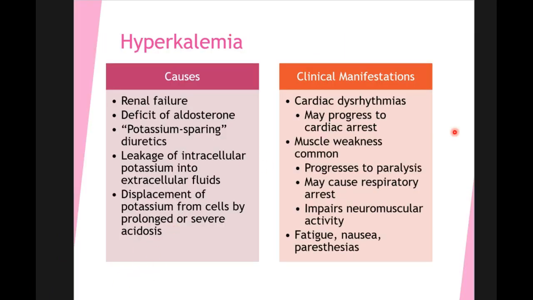Hyperkalemia is elevated serum levels of potassium. Common causes include renal failure, deficits of aldosterone, and also the use of potassium-sparing diuretic drugs. So they prevent potassium from being secreted in adequate amounts. They were created to counteract the hypokalemia normally encountered by people on loop diuretics, but in turn, now we have people becoming hyperkalemic when taking those potassium-sparing diuretics.